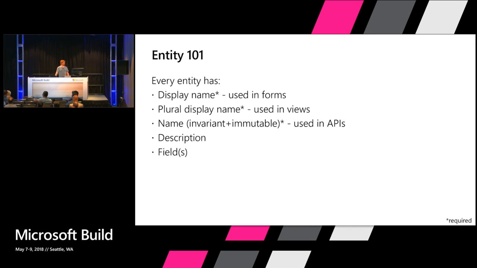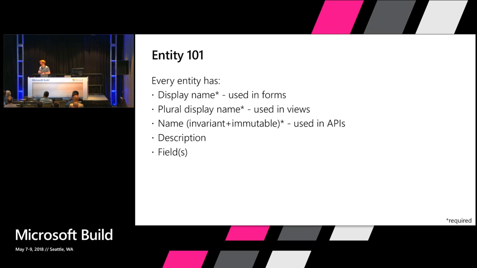For everybody else, every entity has a display name used in all the various forms. Think about when you're showing a single entity: if you have an entity type of widgets, plural, when you view a widget, this is the name that is displayed. We also get the plural display name, which is used in views or places where we're displaying more than one widget, i.e. widgets.